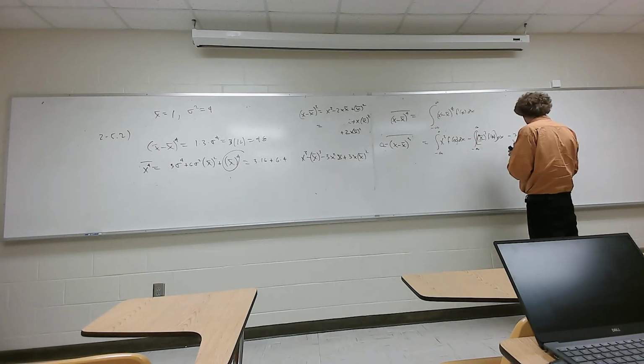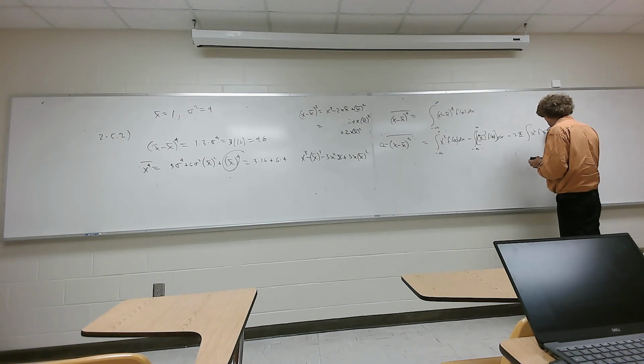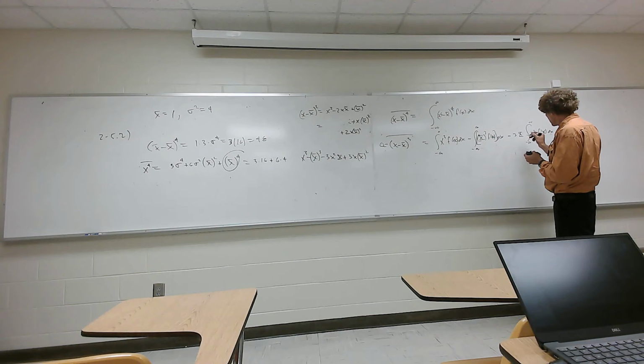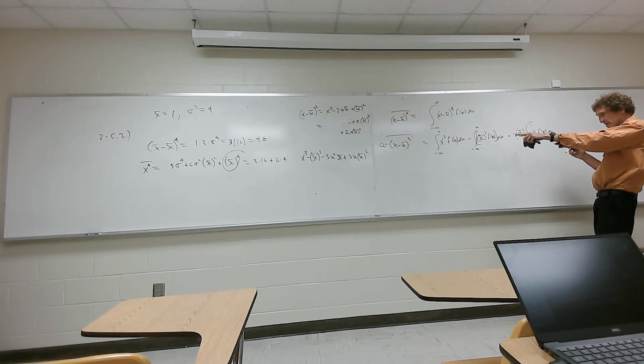Minus 3 times x bar times the integral of x squared times f of x dx. And of course, they're all from minus infinity to infinity. I'm putting x bar here because it's the average value. And then that's the squared operator.